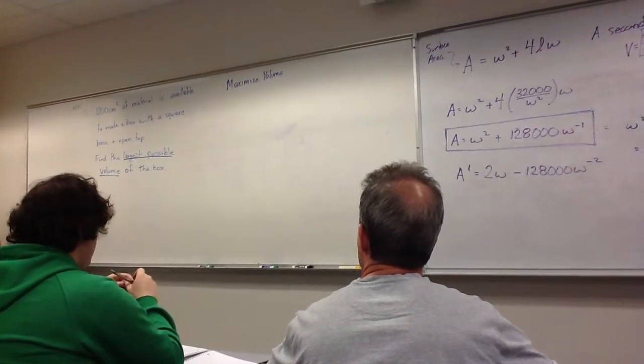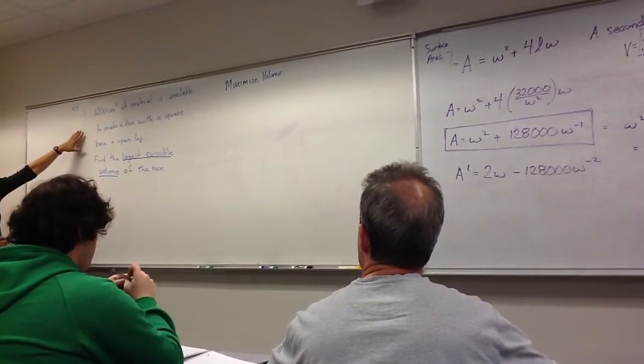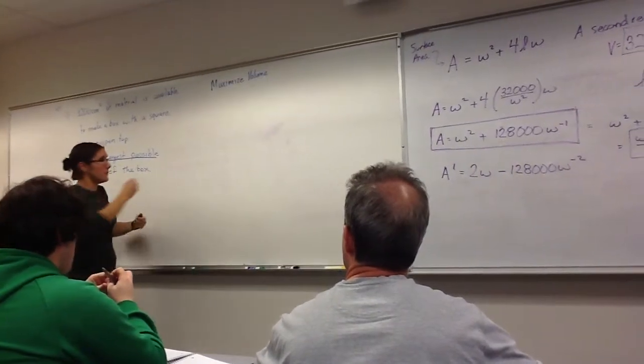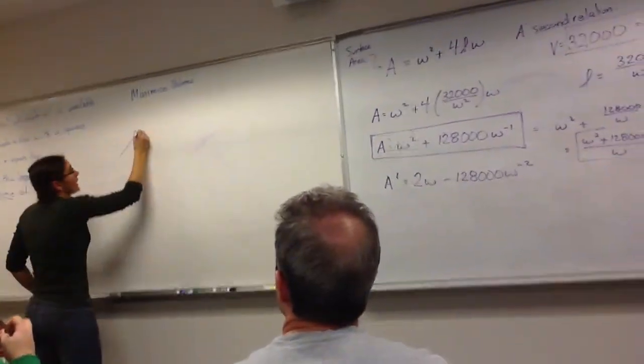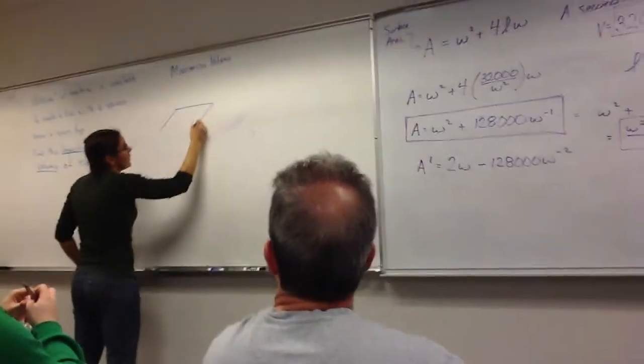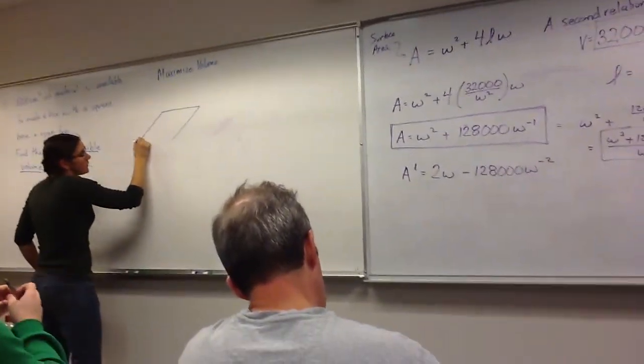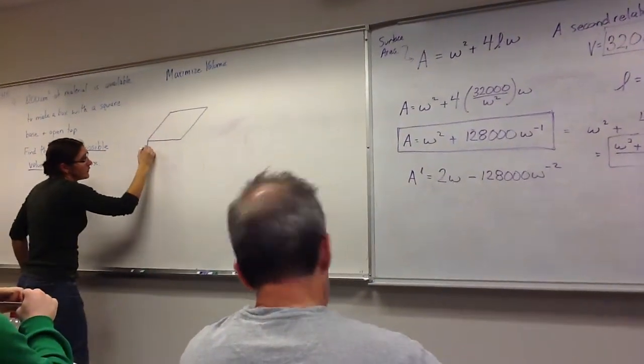Okay, so we want to maximize volume, and in this case, we have a box with a square base and an open top. So I can draw that box. I don't know if it's very tall or very short and fat, so I'm just going to draw a box.